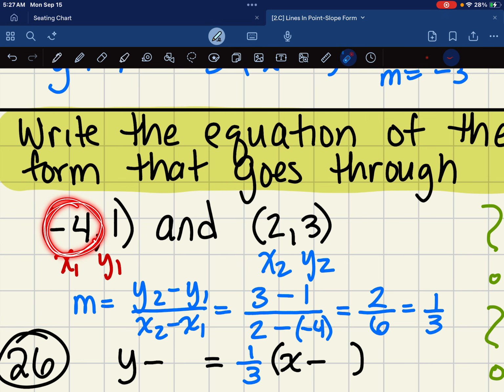So the x1 is negative 4. So in the equation, subtracting a negative 4 turns into adding 4. So I change that to a plus sign. And here, the 1 is positive, so I just put the 1 in there. And so this is the answer that we're looking for. I guess I could box it. Let me do it in like green or something.